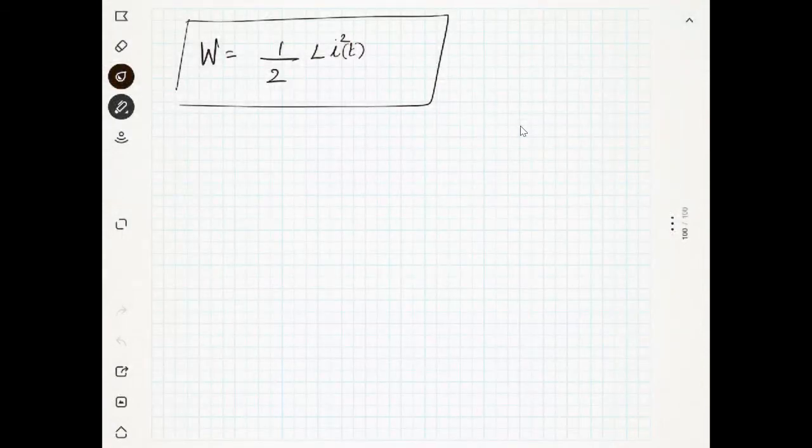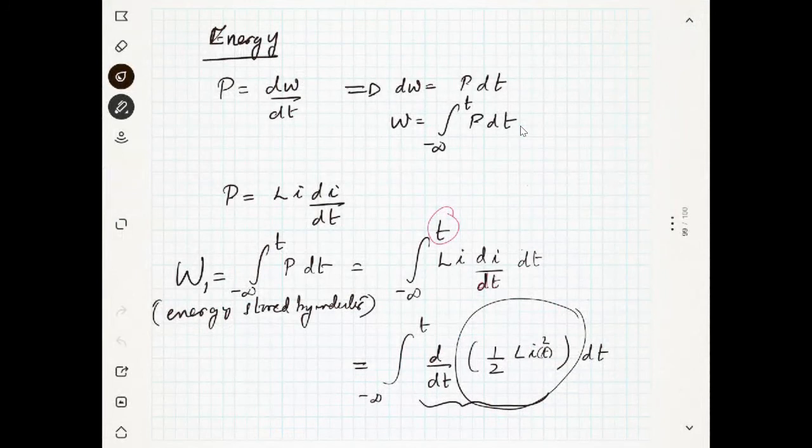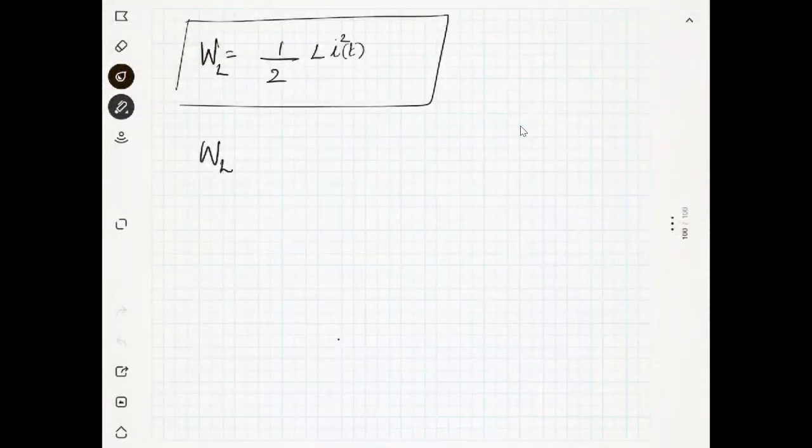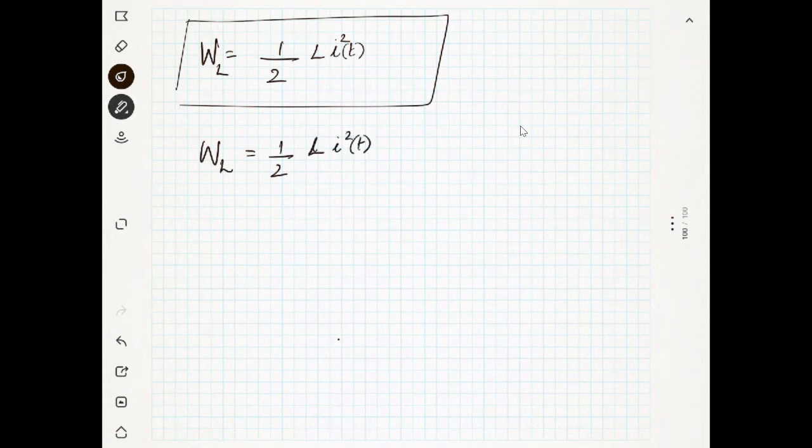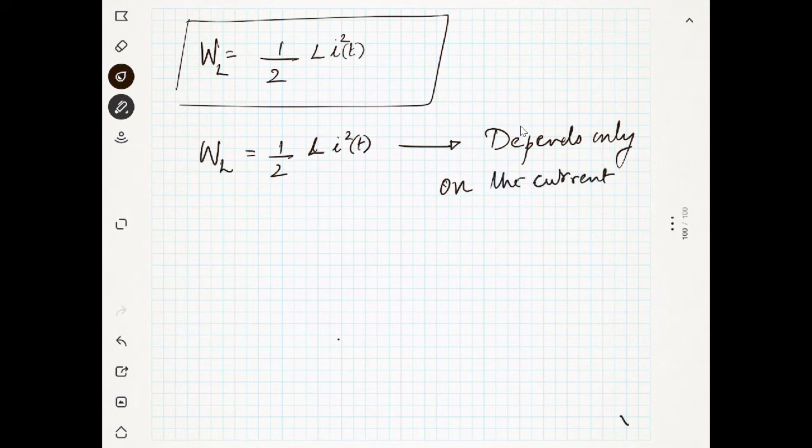You can say that the amount of energy stored in the inductor, and I am using L also because L is for inductance, is half of L i square of t, and it depends only on the current at the present time.